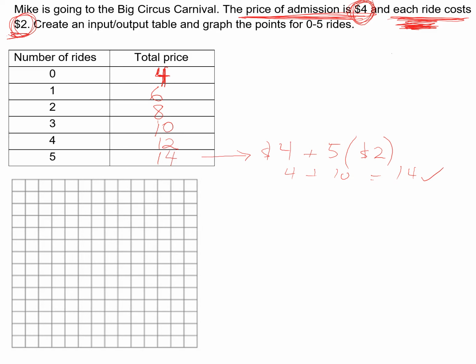Okay, so if we were to graph this, we would have our x-axis on bottom. Our x's just have to go here from 0 to 5.